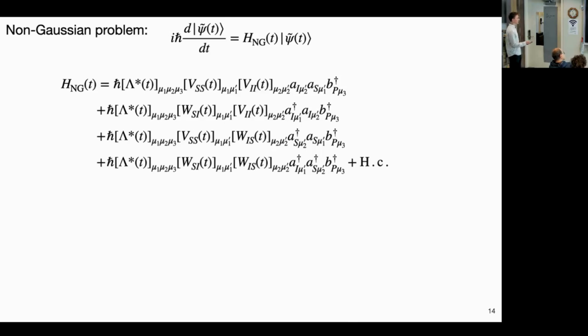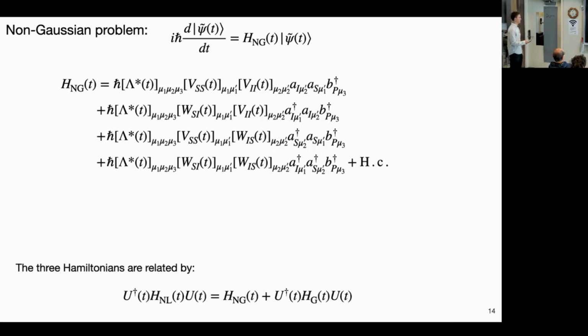So here you can see the correlations between the pump, signal, and idler. And these coefficients, again, depend on these V and W matrices, which are related to the second moments of the Gaussian state, and we've solved for these by solving the Gaussian problem. The three Hamiltonians are related by this simple relation, where we do the Gaussian transformation of the original Hamiltonian, and we get the non-Gaussian Hamiltonian after normal ordering, and the Gaussian Hamiltonian here.